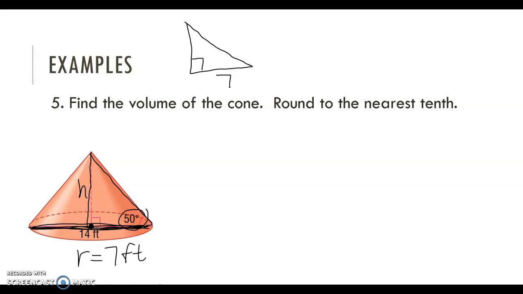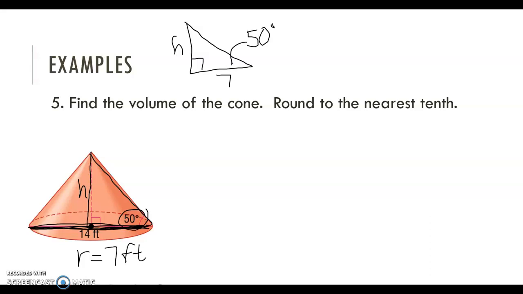So this would be 7. I want the height, and I know this angle is 50 degrees. So this is not a 45, 45, 90 triangle, and this is not a 30, 60, 90 triangle. So that means in order to find this height, we are going to have to use SOHCAHTOA. We are going to have to use one of our trig functions.